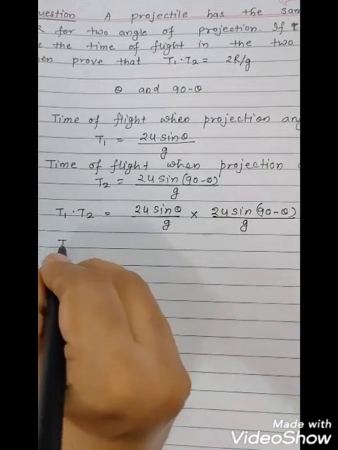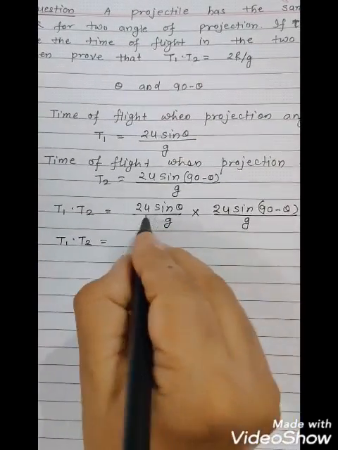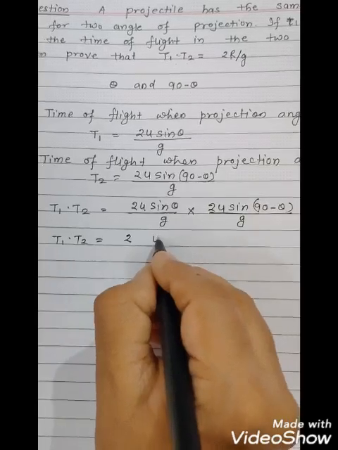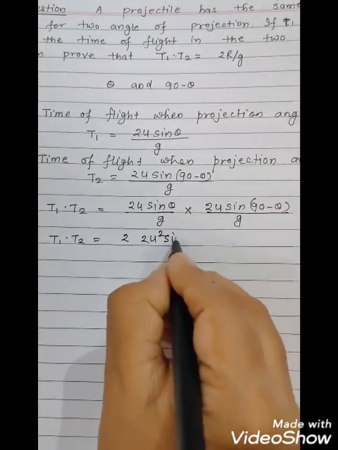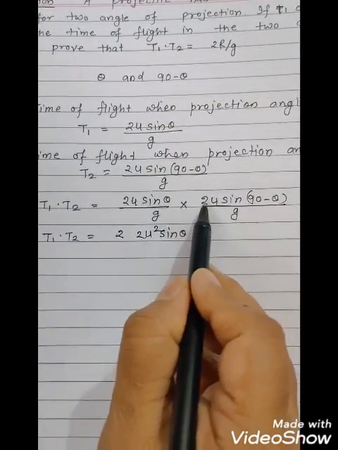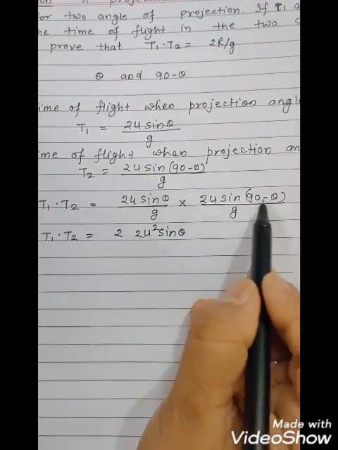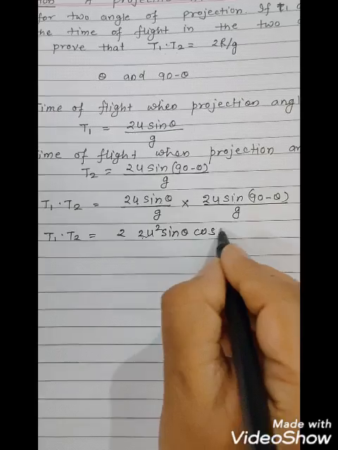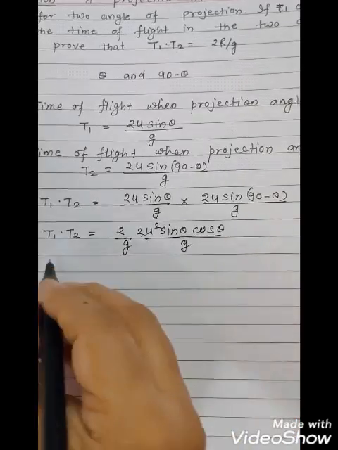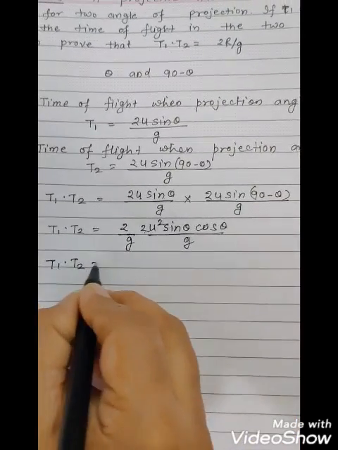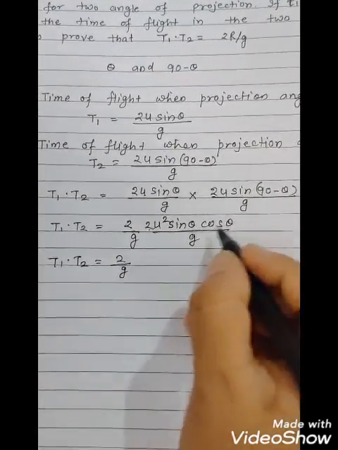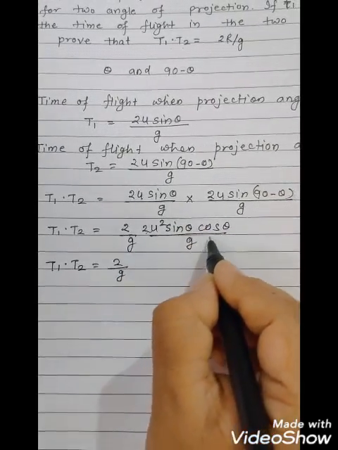So this is T1 T2, and you can see this is 2 times 2, u times u is u², and 2 sin θ, and sin(90 minus θ) is cos θ. I am writing this g and this g here purposely, because we'll change this into the formula of range.